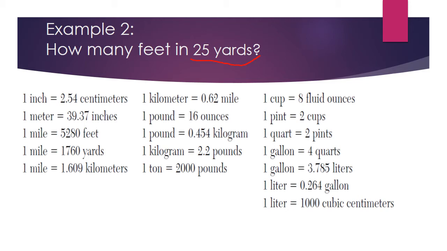But if it's not, it's no problem. We're going to start with converting yards into another unit. And by looking at the reference sheet, we can see that we have 1 mile equal to 1,760 yards.